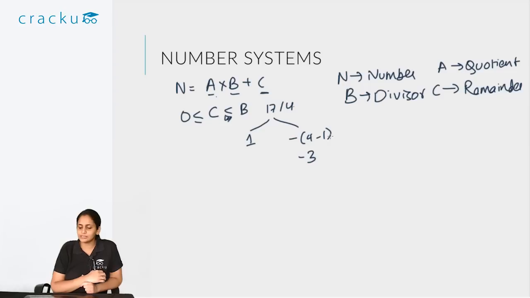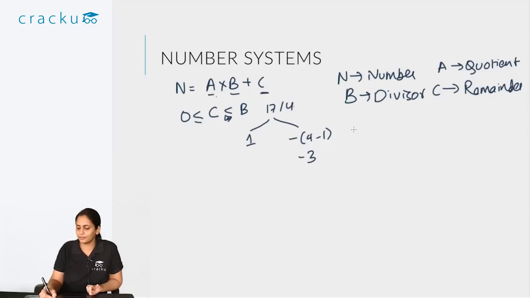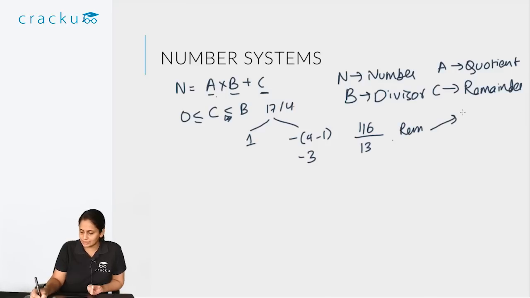The reason for this is that suppose you have a large number that is just one less than a multiple of the divisor. For example, instead of 117 you have 116 divided by 13. Now 117 is a perfect multiple, but 116 is just one less than that. So you can write the remainder as either 12 or as minus 1.